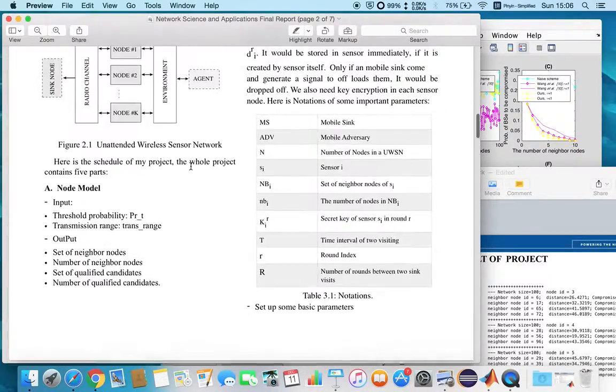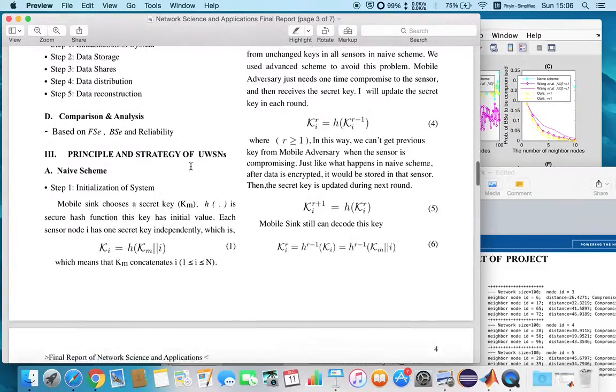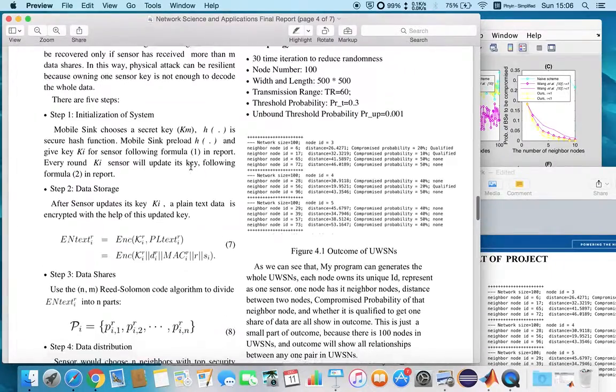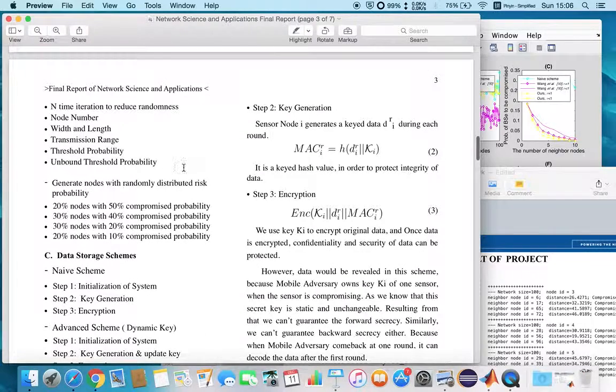Here, we generate nodes with randomly distributed risk probability. There are 20% of nodes with 50% compromise probability, 30% of nodes with 40% compromise probability, 30% of nodes with only 20% compromise probability, and 20% of nodes with 10% compromise probability.